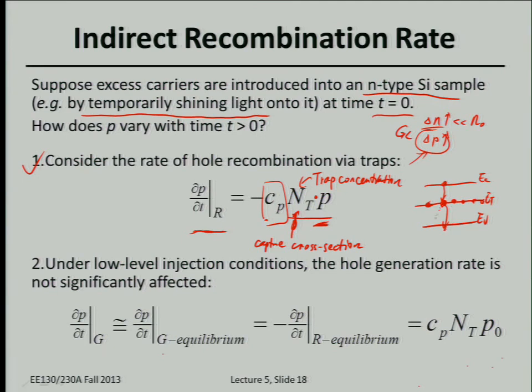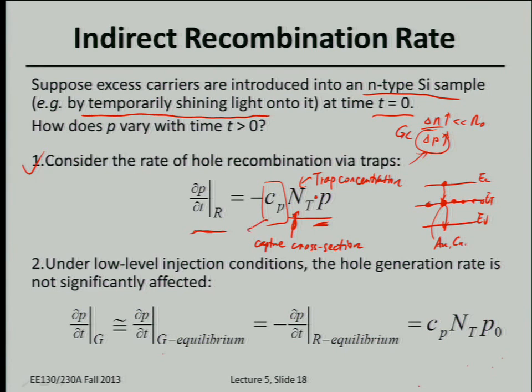Because as I talked about, we could put in dopants like gold or copper, or create some defects to create those ET. But of course, those atoms are very different in terms of chemical reactions. They behave quite differently.